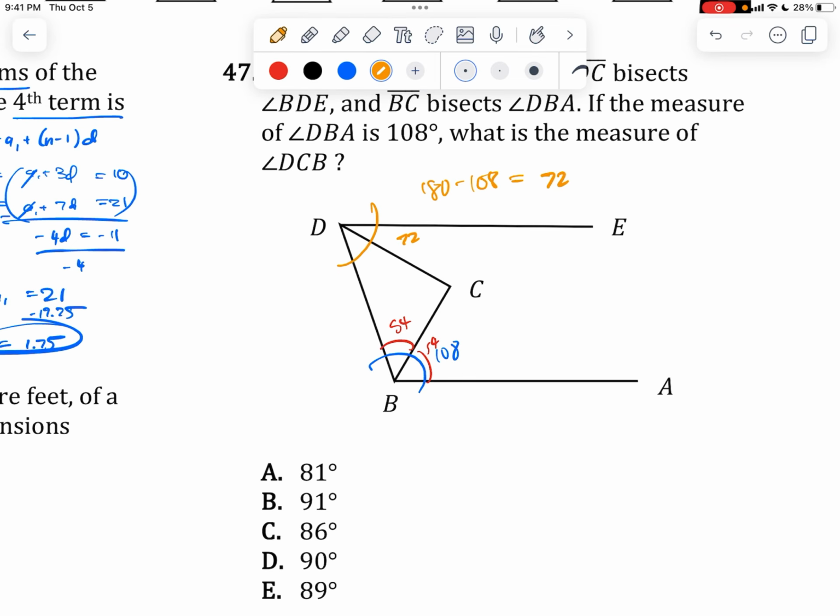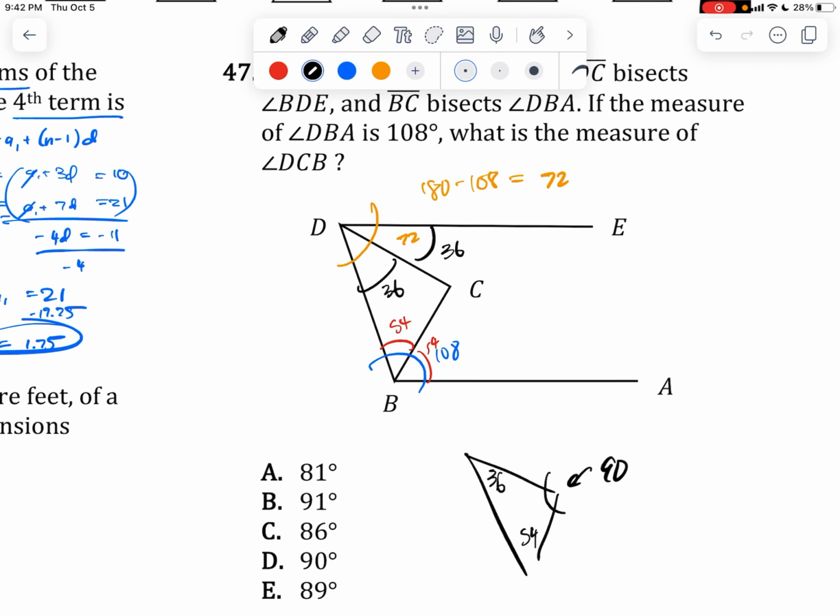Again, we can cut that in half. You get 36, 36. So now I know what's inside this triangle. There's a 36 here. There's a 54 here. So I can find the remaining angle. This is just going to be 90 if you do the math.